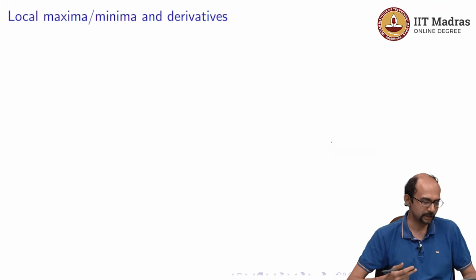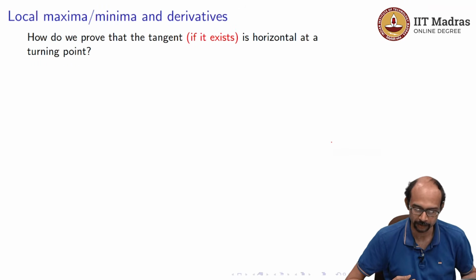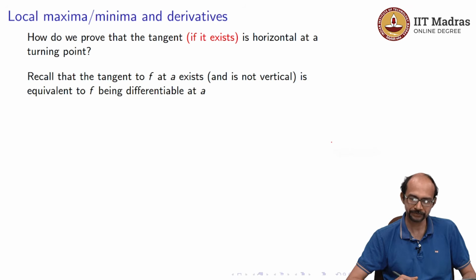That will help us in analyzing how to first prove that the tangent will be horizontal, and second to utilize it for further study of local maxima and minima. So, how do we prove that the tangent, if it exists, is horizontal at a turning point? Note that tangents may not exist in general.